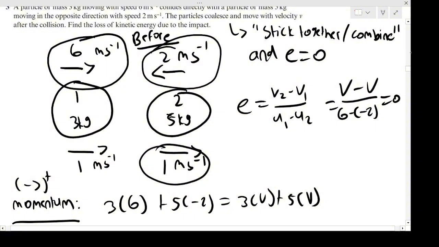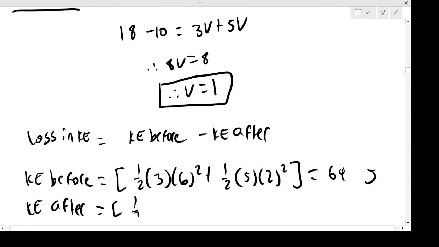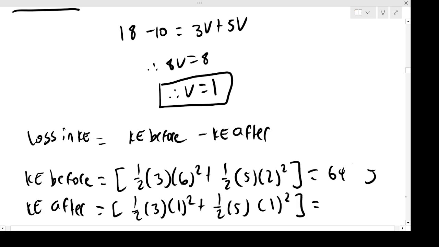So for the first one, it's going to be half times 3 times 1 squared. And for the second one, it's going to be half times 5 for the mass, and then 1 squared as well. And so if we work all that out, we get 4.